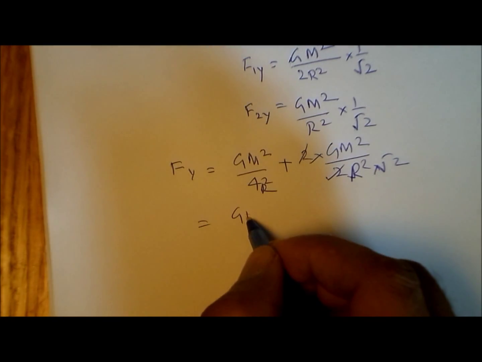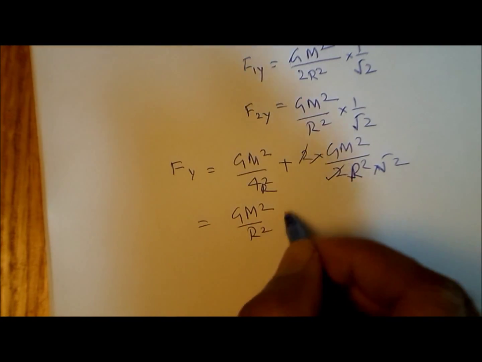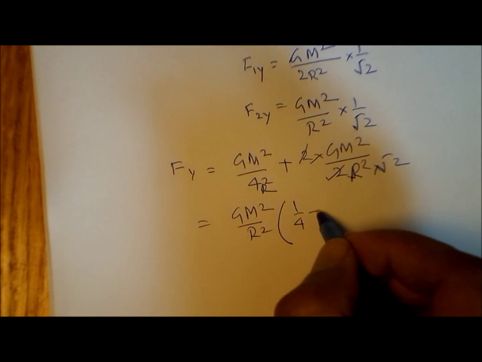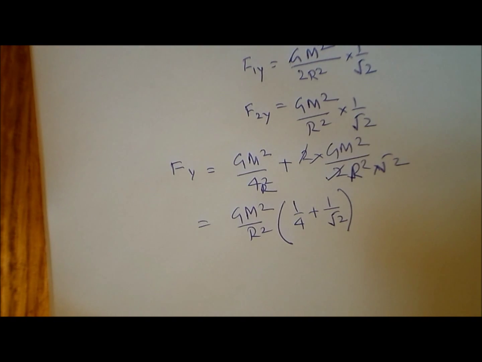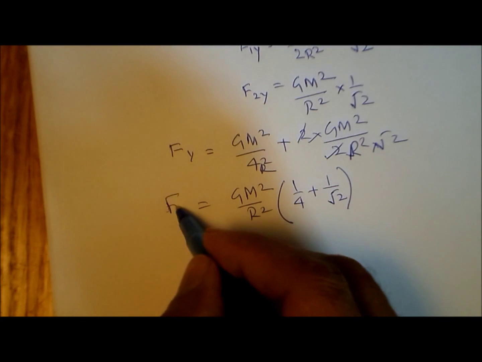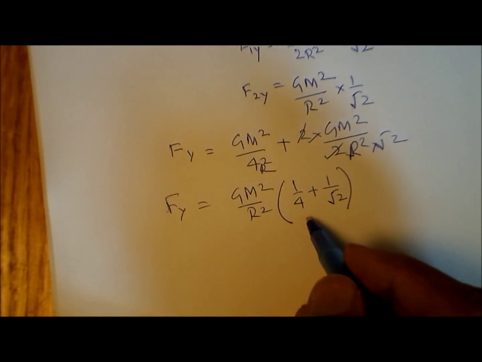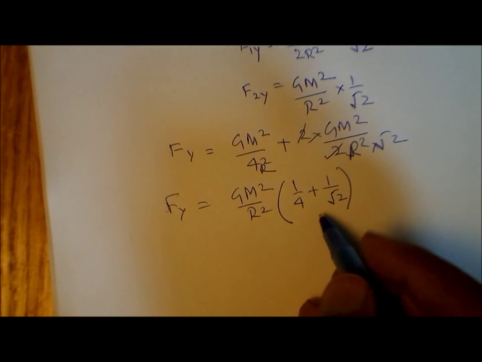The 2 gets cancelled, and we get G m square divided by r square into 1 by 4 plus 1 by root 2. If you want to, we can simplify it a little bit more, but that is what it is.